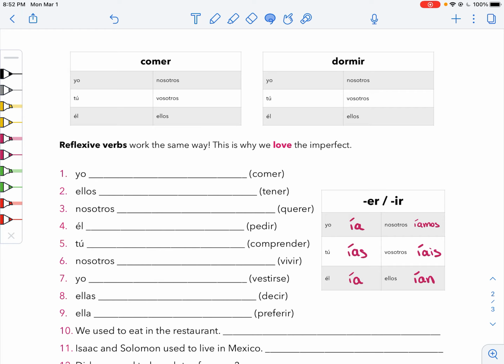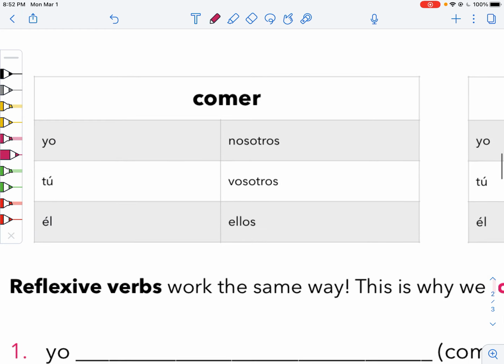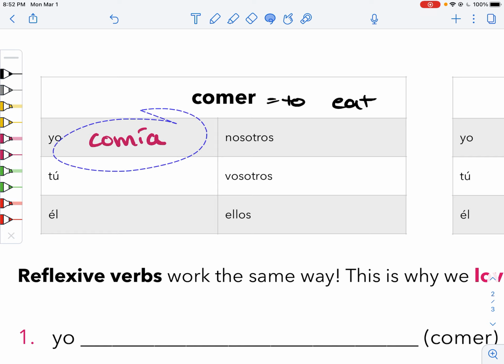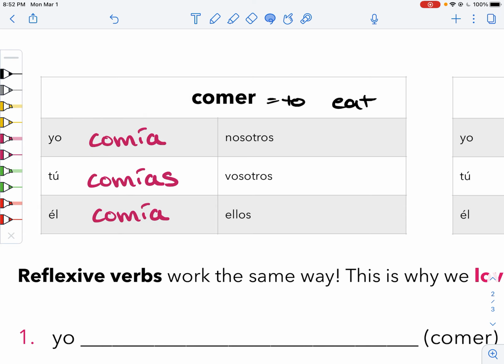So to conjugate comer, remember comer is to eat. So I used to eat is yo comía with an accent right there. You used to eat, comías. He used to eat, comía.